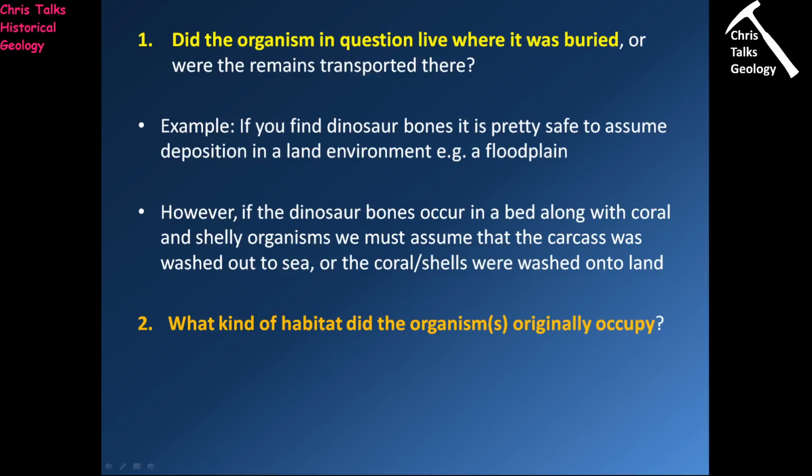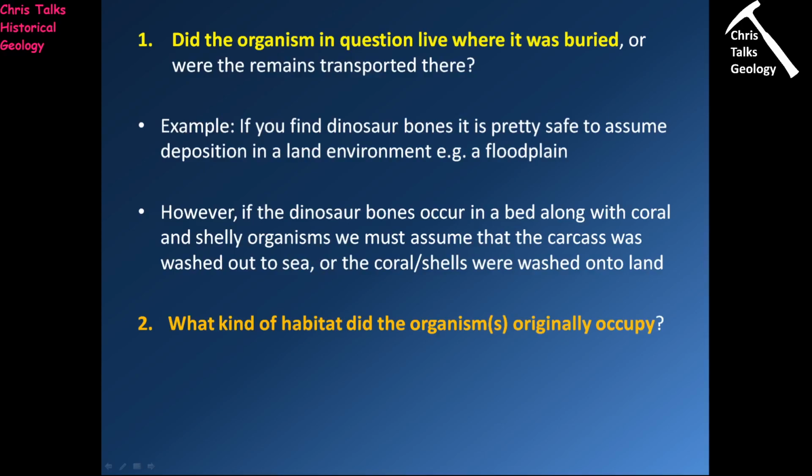However, if the dinosaur bones occurred in a bed, a rock, along with coral fossils and other shelly organisms, let's say bits of oyster shell, well, then something's a little bit off. And so we would have to assume that either the carcass had been washed out to sea, or maybe the dinosaur had been killed by some kind of tsunami, in which case all these bits of coral and bits of shell were washed onto the land.